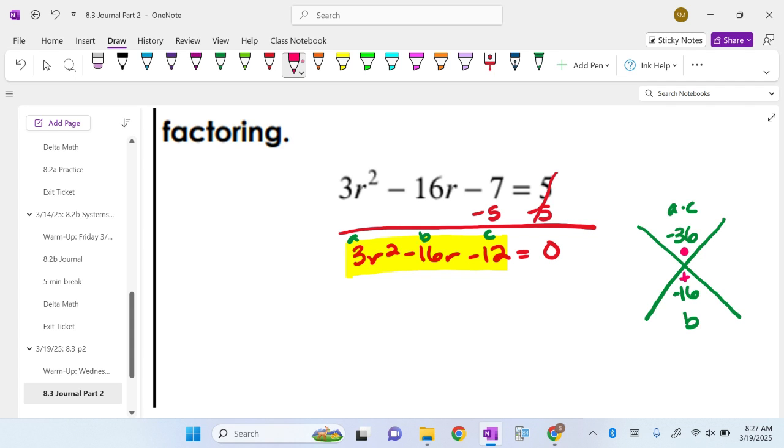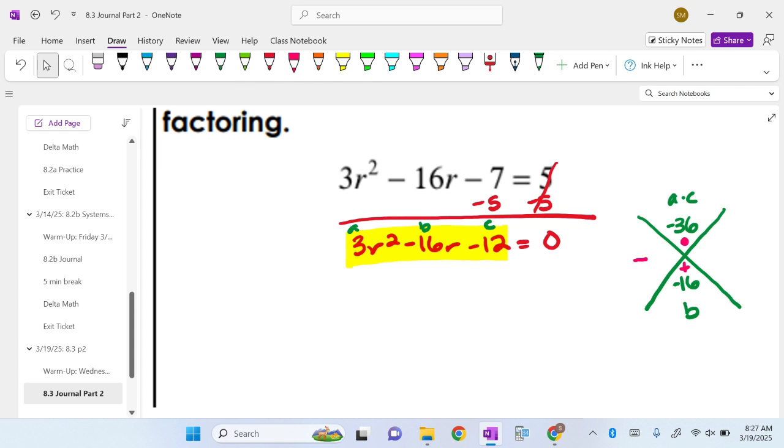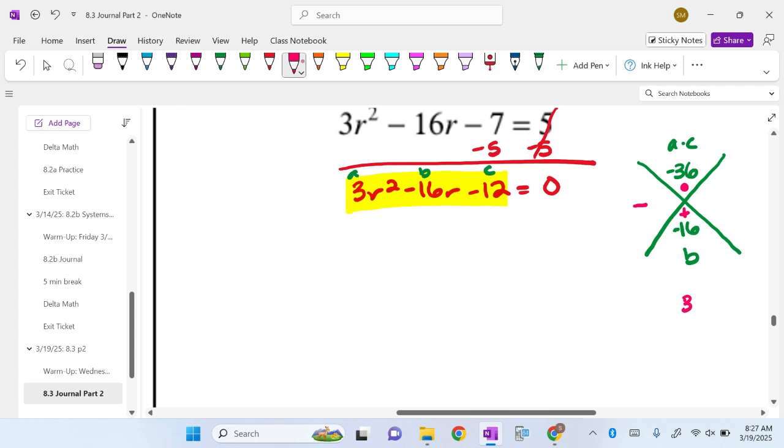So that means that one of the numbers is going to be negative since we're multiplying to get a negative number. So what are some factors of 36? Someone name me one factor of 36. 6 and 6. So we have 1 and 36. 6 and 6. What else? 9 and 4.